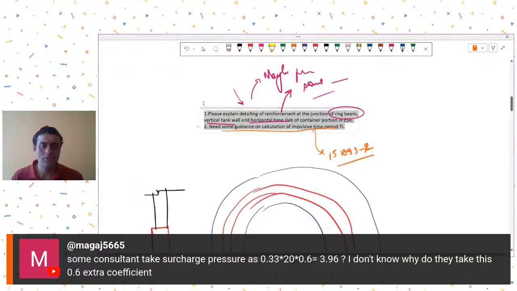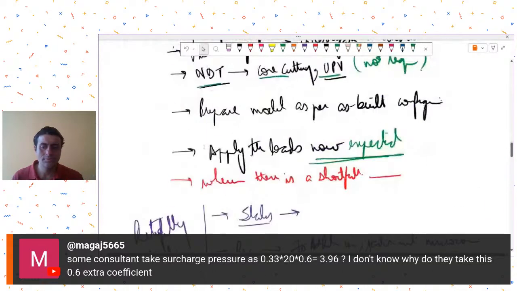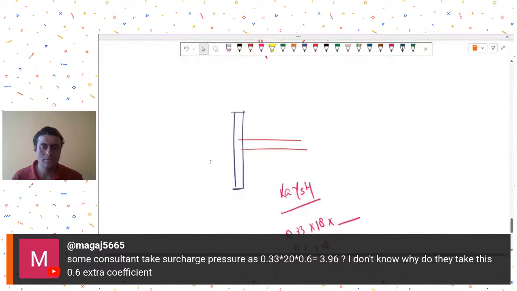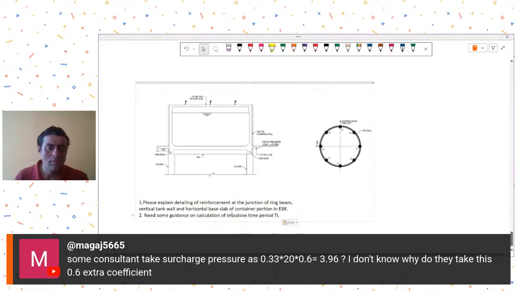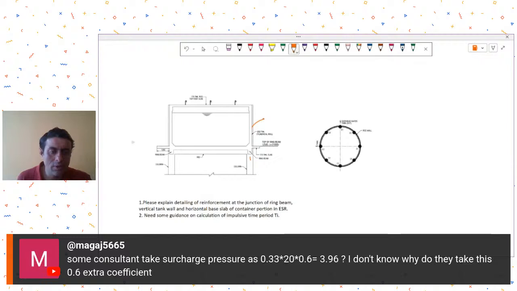Yeah, so this was his query. Please explain the detailing of reinforcement at the junction of ring beam. So this is his ring beam, vertical tank, this is his vertical tank wall and horizontal base slab.